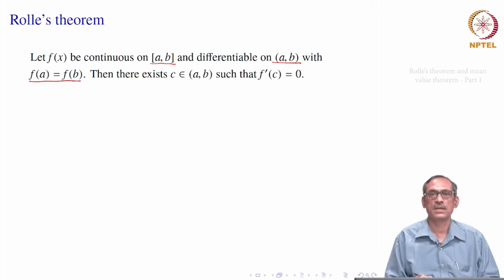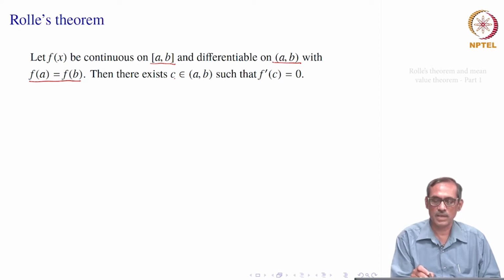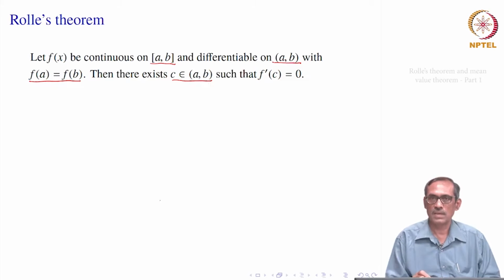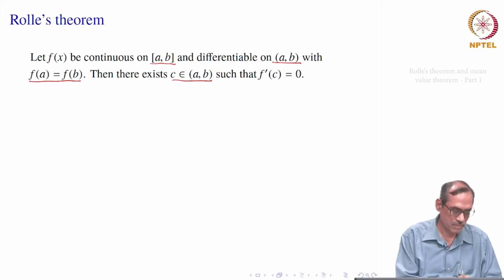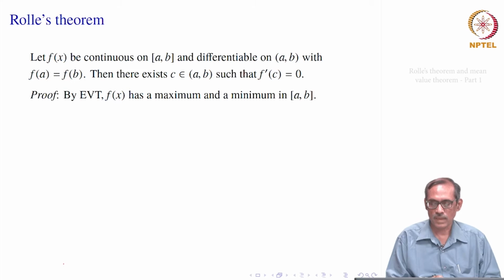So, these are the three conditions we are imposing. Under these conditions, we will see that there exists a point in the open interval a b, say c, where f prime of c equal to 0. That is the main idea of Rolle's theorem. Of course, we will give a proof of how it goes.